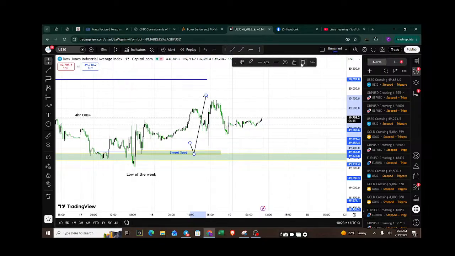So for USD, my bias is still a buy. That's a long-term buy because we have a low of the week here.